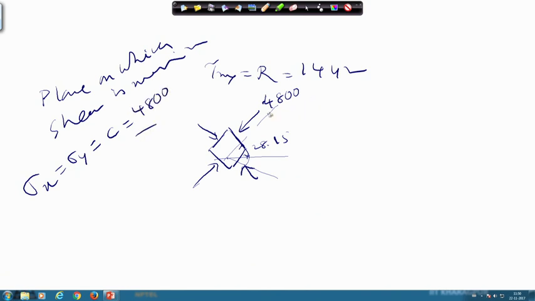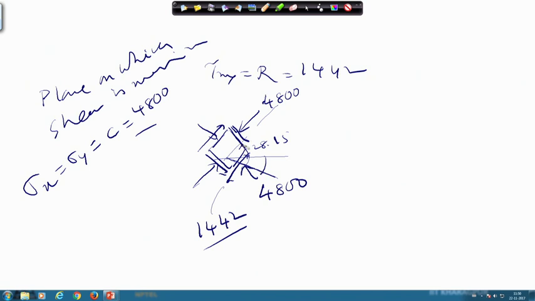So, this is 4800, this is also 4800, and the shear will be here, here, here and here, and this will be 1442. So, all normal stresses will be 4800, and the shear 1442. So, this is the orientation, that means the maximum principal stress was in this direction, and the maximum shear stress plane will be at 45 degrees to it.